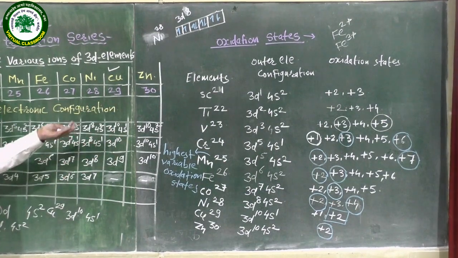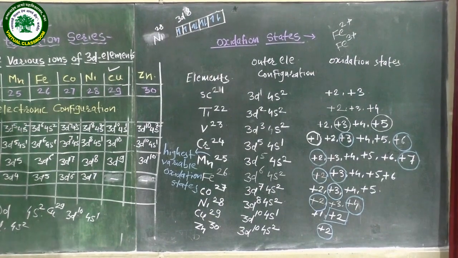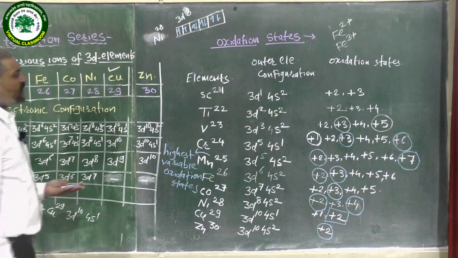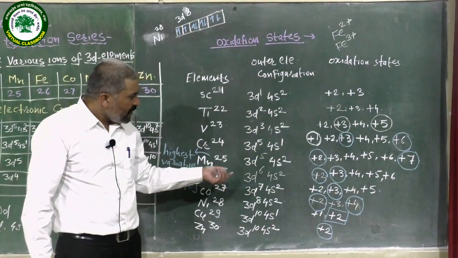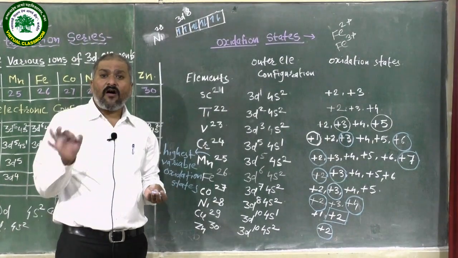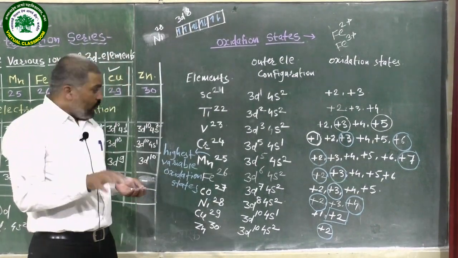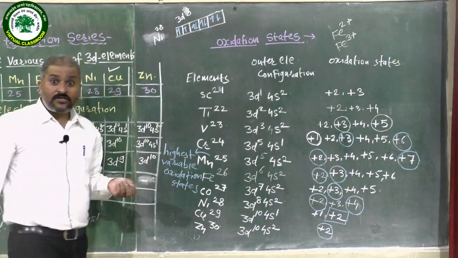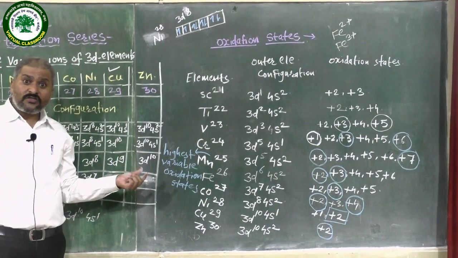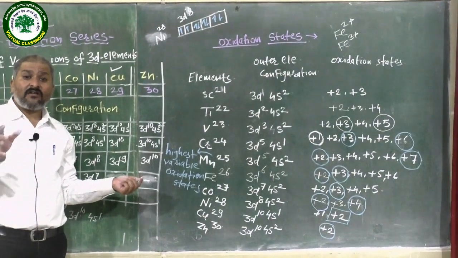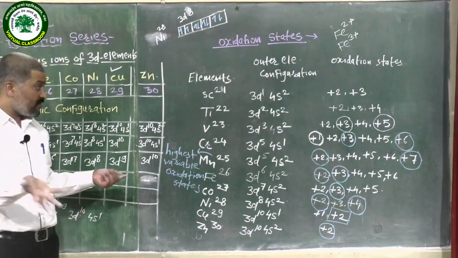From all these variable oxidation states, it is clear that the different variable oxidation states shown by these 3d elements or transition metal elements depend on the number of unpaired electrons. When the number of unpaired electrons is more, that element shows higher oxidation states or more variable oxidation states.